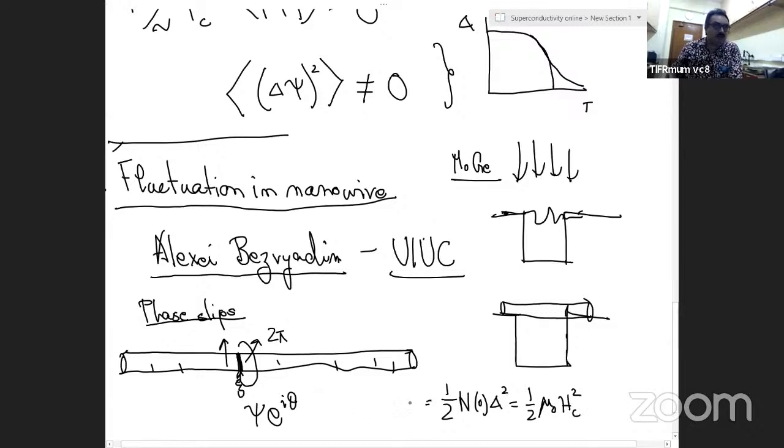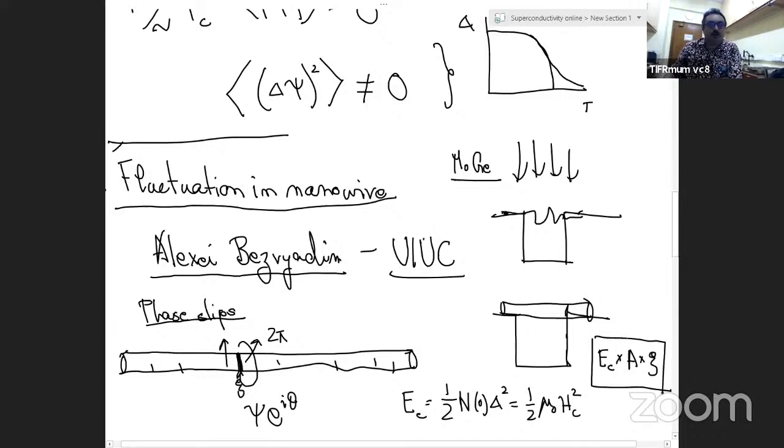So if you have to make a small segment normal, then this will become E_C, which is the energy density per unit volume, times A, the cross section of the nanowire, times this xi, which gives the volume.